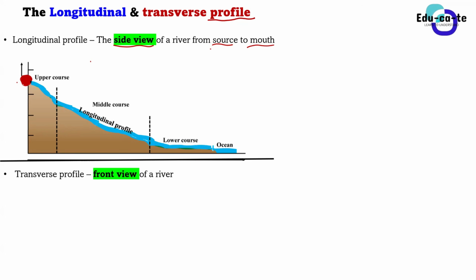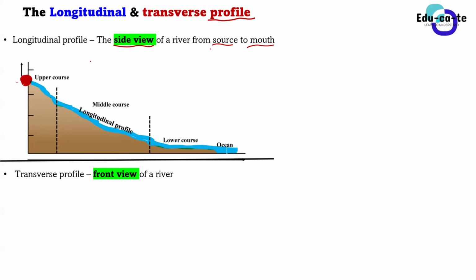Remember, guys, we say that rivers flow into the ocean, or they flow towards the ocean. So the longitudinal profile is a side view that allows you to see the river from where it begins to where it ends. Because it begins at the source, it ends at the mouth.